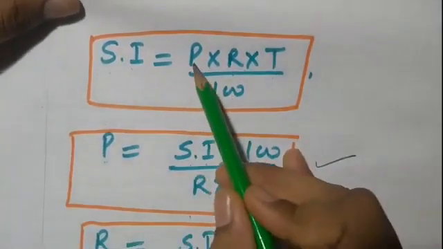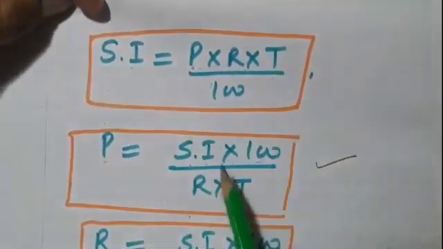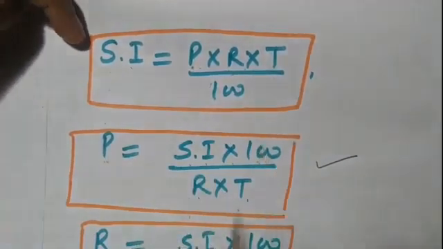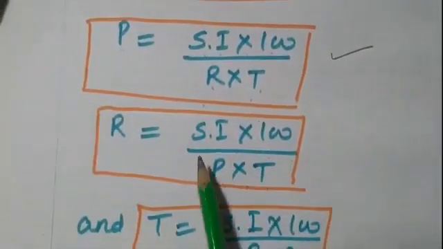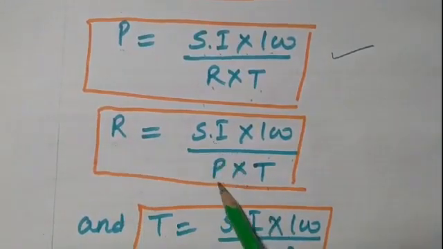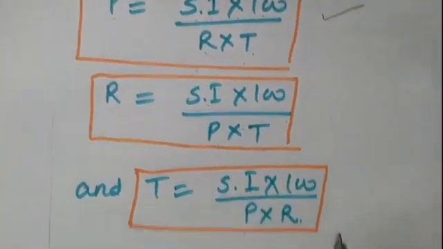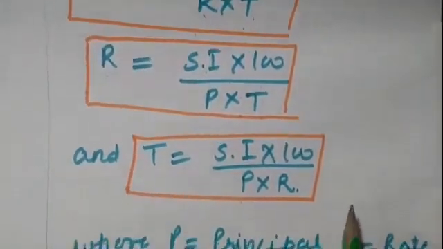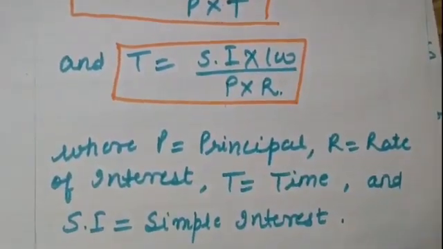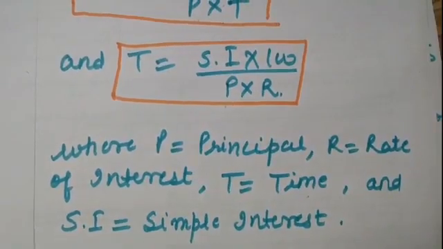Suppose you are given principal, rate and time, then you can calculate the simple interest. If you are given simple interest, rate and time, then you can calculate the principal. Same here, if you have to find rate, in which simple interest, principal and time are given, then you can calculate it using this formula. And same for time period. Where P denotes principal, R denotes rate of interest, T denotes time, and SI denotes simple interest.